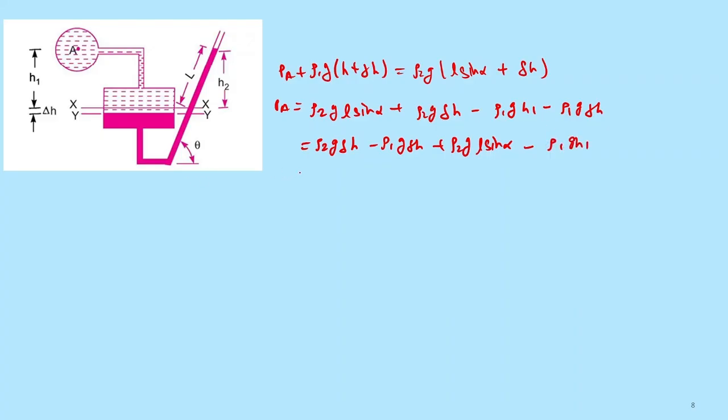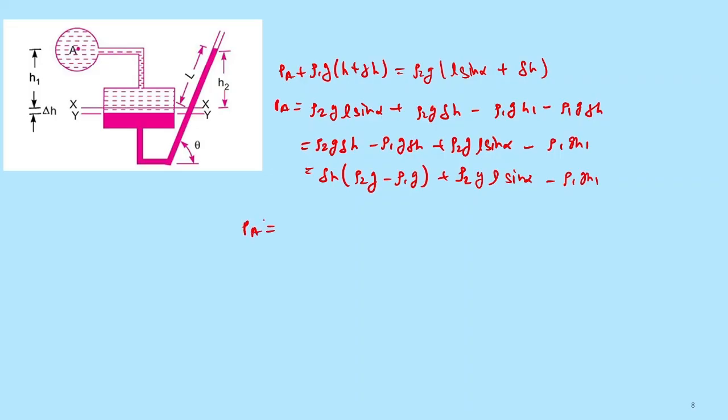If we take common del H, from the first two we will get del H (rho 2 G minus rho 1 G) plus rho 2 G L sin alpha minus rho 1 G H1.